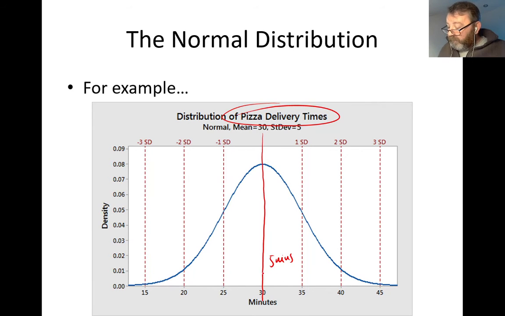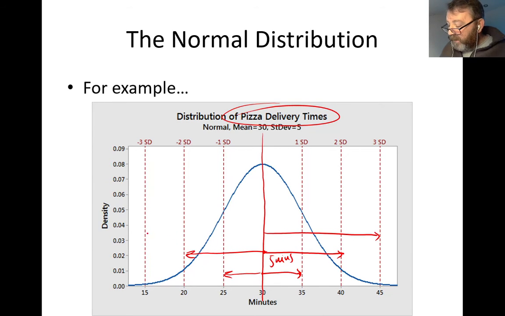So in other words, 30 to 35 is 1 deviation. 30 to 40 is 2 deviations. 30 to 45 is 3 deviations. And likewise, that's 1 deviation this way, backwards, 5 minutes. Then we've got another deviation 10 minutes this way. Then 15 minutes is another deviation there. So if we take the mean as being 30, I have standardized the deviation.